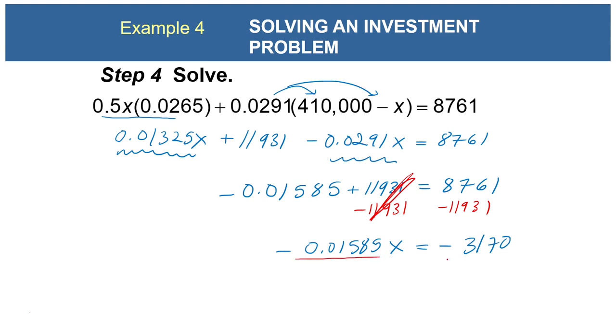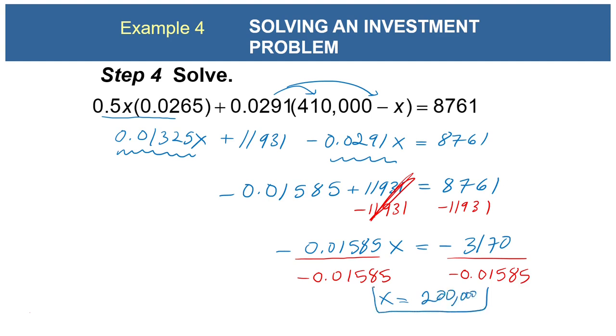Let's divide both sides now by negative 0.01585, and so x equals 200,000. Now this represents dollars, so this is $200,000.